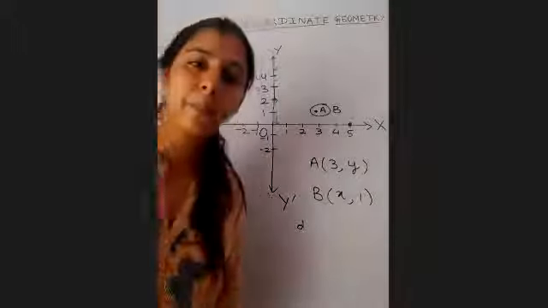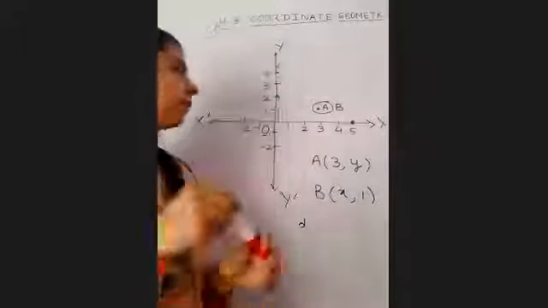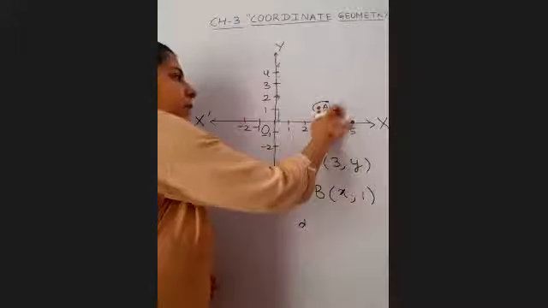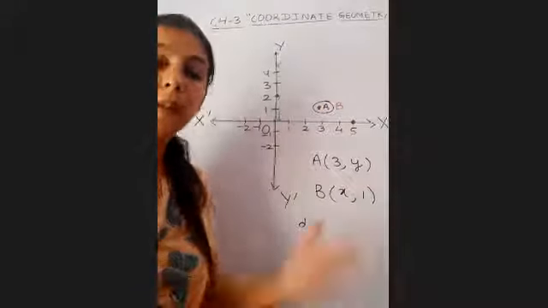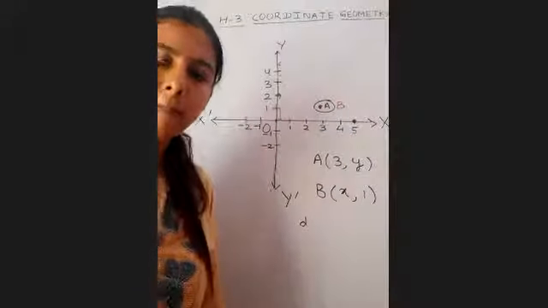Is it possible, children? No, ma'am. A भी यही है और B भी यही है. In which case is it possible?